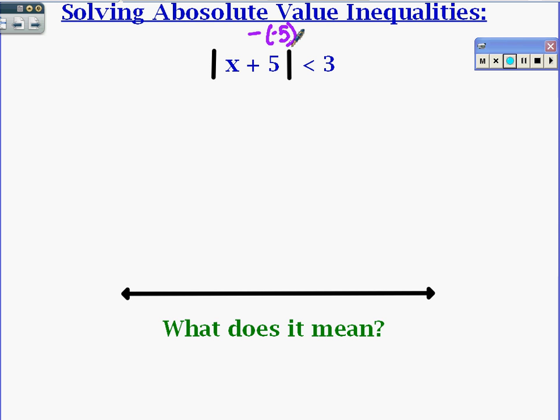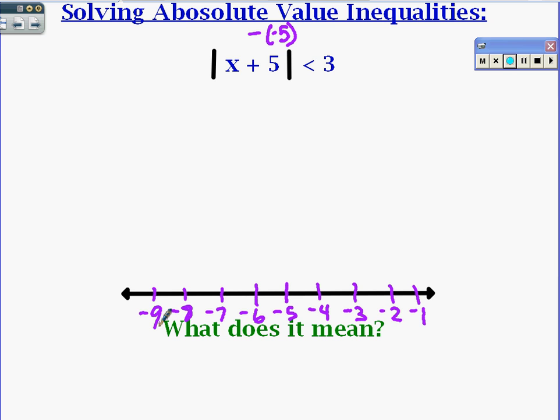So the distance from x to negative 5 is less than 3. My target number that goes in the middle of my graph is going to be negative 5. Okay, and we know that the distance between x and negative 5 is less than 3.